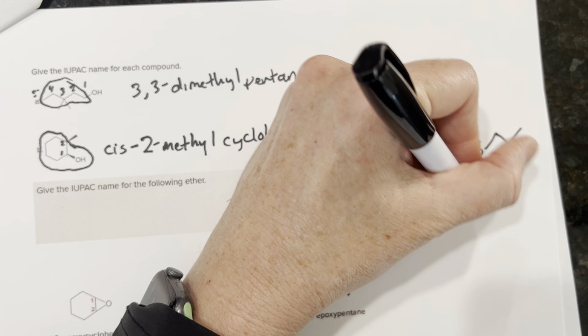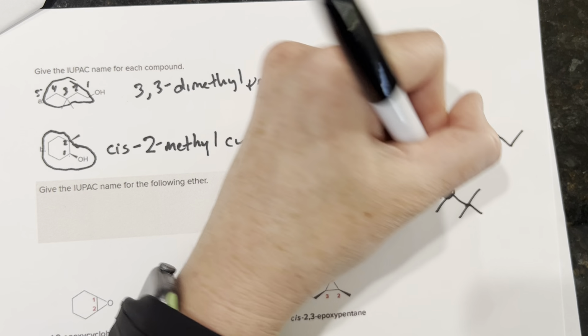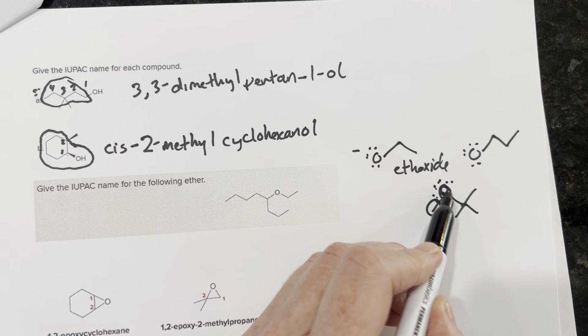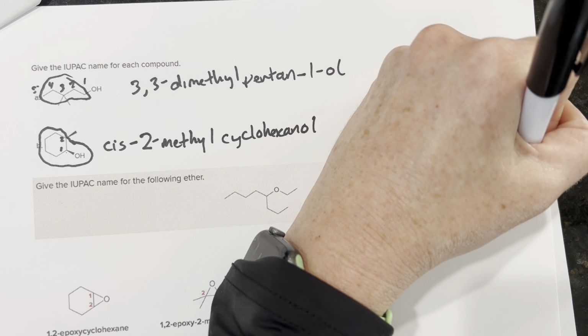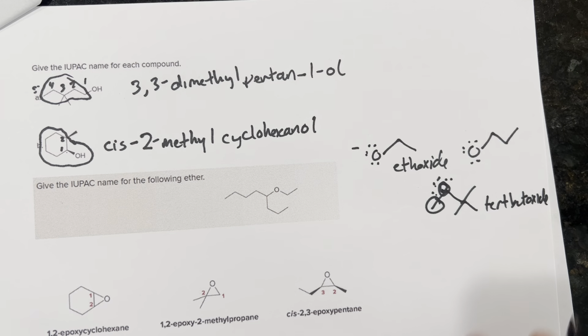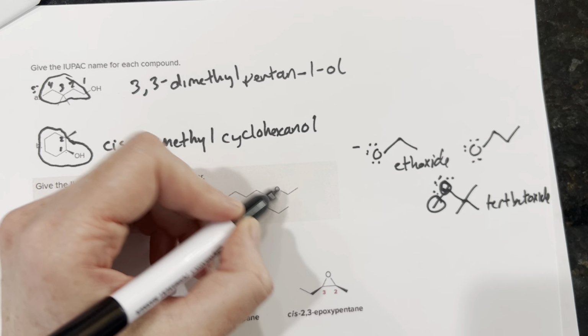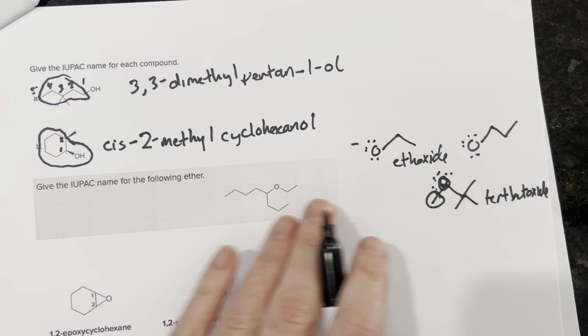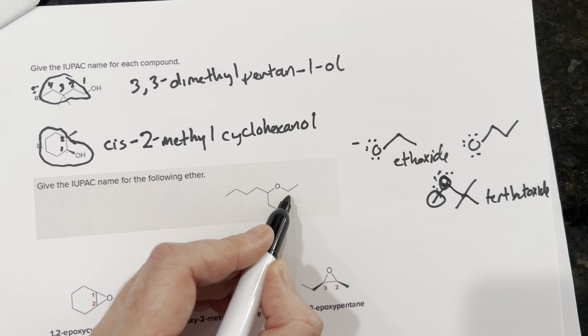So if we had, actually, let me put an oxygen there. Okay, so if we had this oxygen with the cross on here, we even called this tert-butoxide. So essentially the oxygen is bound to something that's hopefully smaller than the other thing. And in this case, we have the oxygen bound to this ether group.